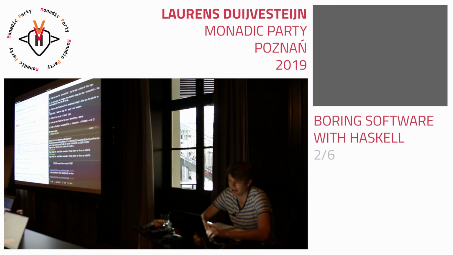A query, if we go here, it's data Query, and the docs here don't really mention anything about how it's constructed, but it says the underlying type is a byte string. And it also mentions something about how you can make something a query. It's because it's got an IsString instance.